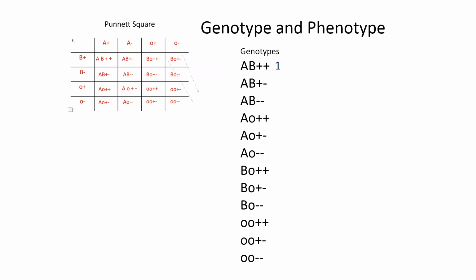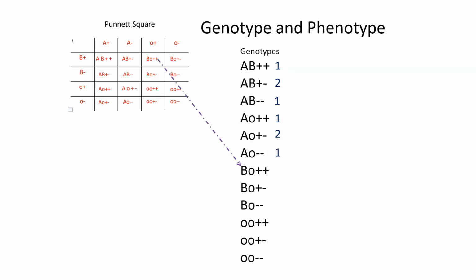The AB plus minus, we've actually got two of those. The AB minus minus, we've got one. The AO++, we're going to have one. The AO plus minus, we're going to have two of those. The AO minus minus, we get one.